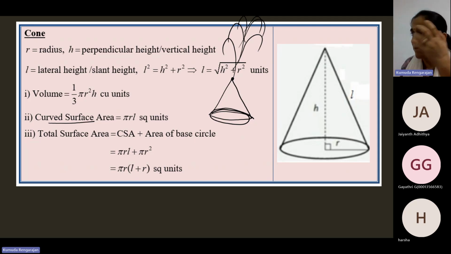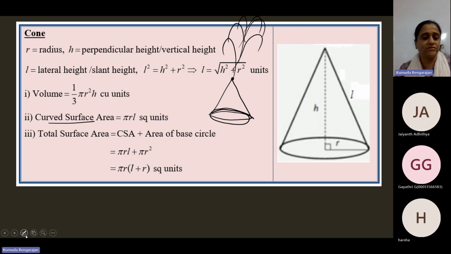So the amount of color paper or glossy paper you need to stick on a conical birthday cap is equal to the curved surface area of the cone, CSA. You should not find the area of the circle because no circle is there. Correct? So that's the difference.